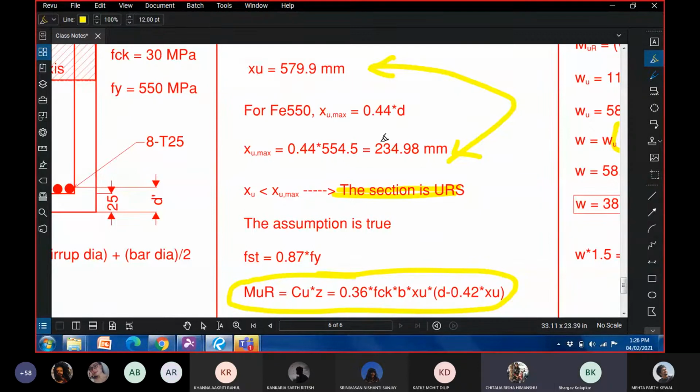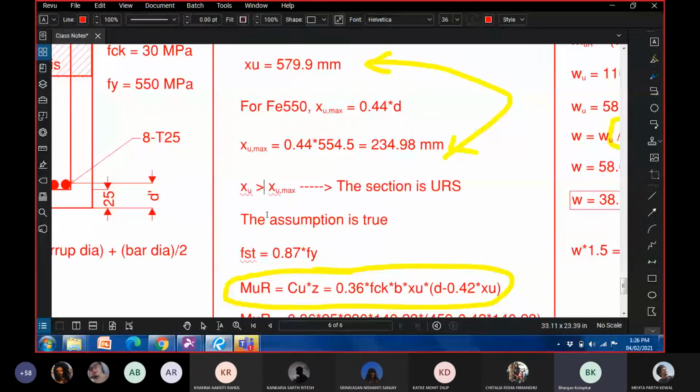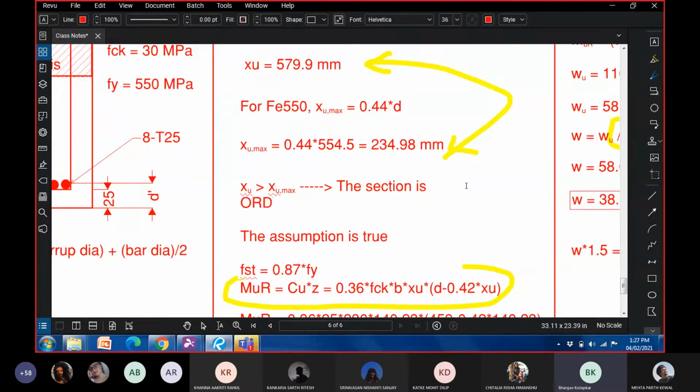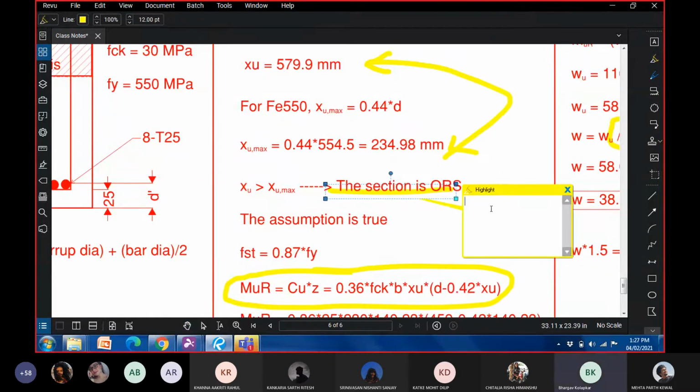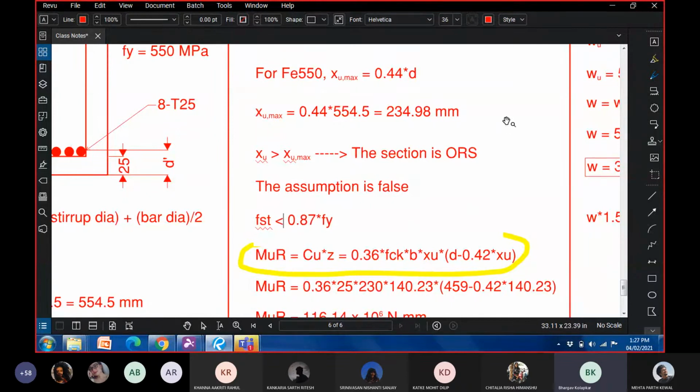XU max is less than XU. So XU is greater than XU max, which means that the section is over reinforced. And therefore, our assumption is false and FST is less than 0.87 Fy.